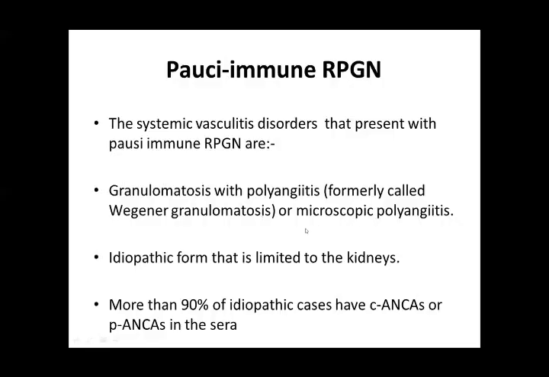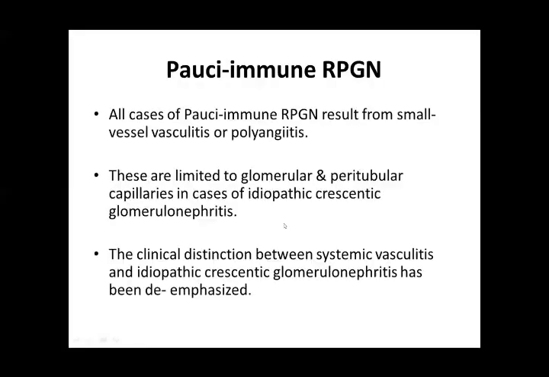Microscopic polyangiitis is a small vessel disease. So all pauci-immune are small vessel vasculitis, limited to glomerular or peritubular capillaries. In idiopathic crescentic glomerulonephritis, the clinical distinction between systemic and idiopathic crescentic glomerulonephritis has been emphasized, although the result is the same in all cases.